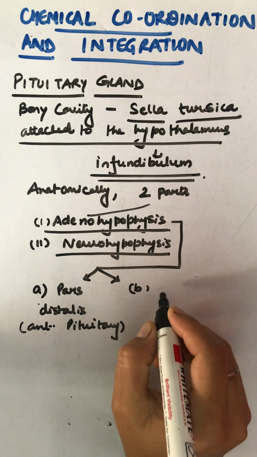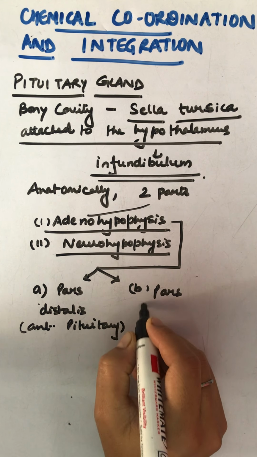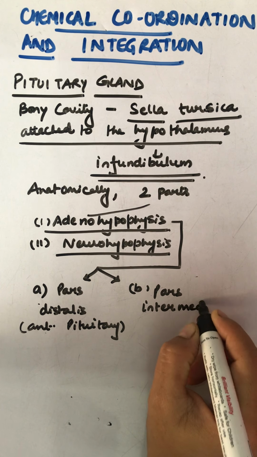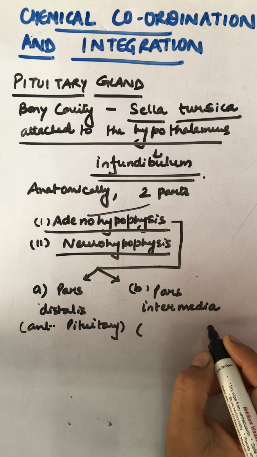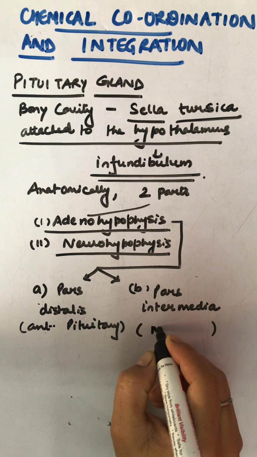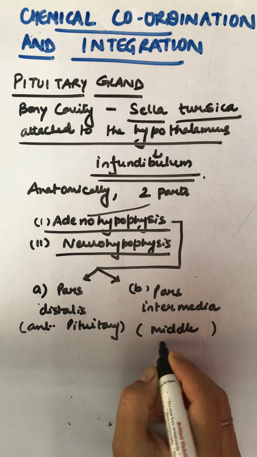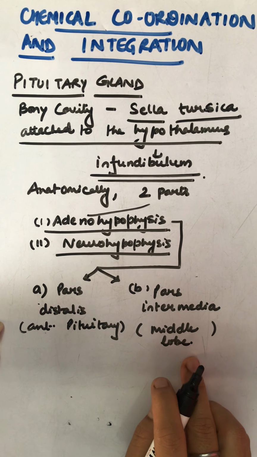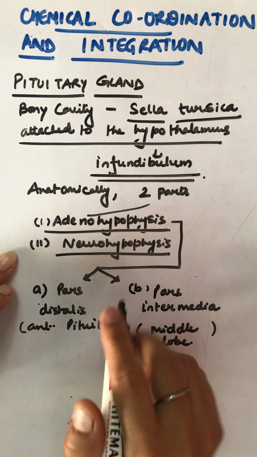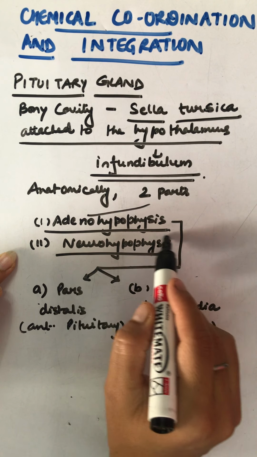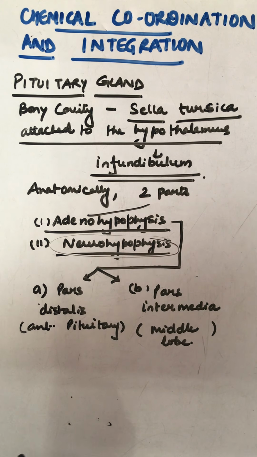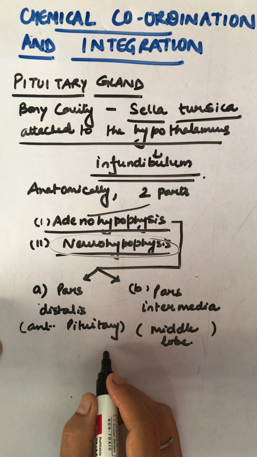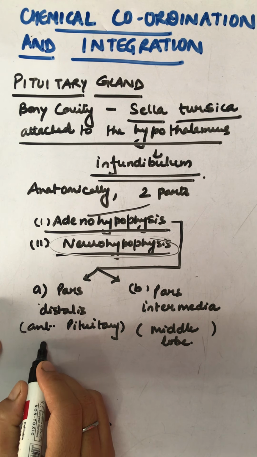And the second one is pars intermedia, which means the middle lobe. Pituitary has three lobes: anterior, middle and posterior. It means the neurohypophysis is automatically the posterior one. Clear? Then pars distalis, it secretes the following hormones.